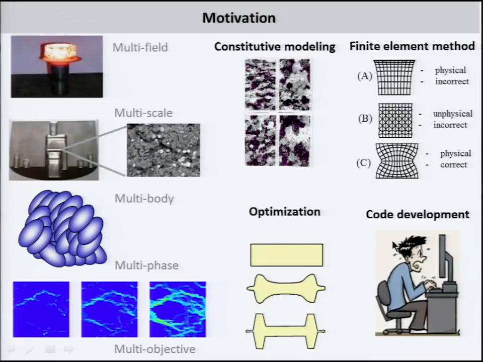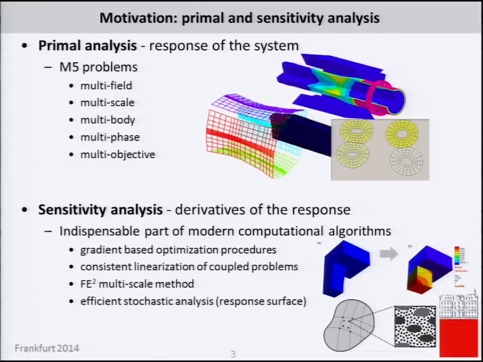we have to derive codes. There are 2 components that have to be present in our solution procedure nowadays if we really want to solve problems efficiently. And that's primary analysis and sensitivity analysis. Everybody is talking basically about the primary analysis of the problems.